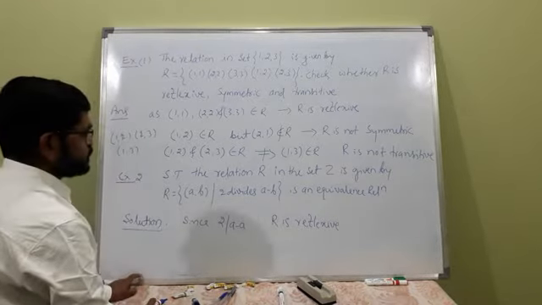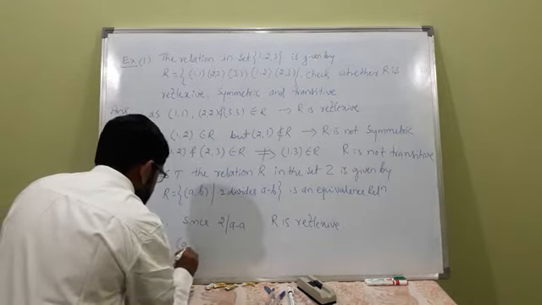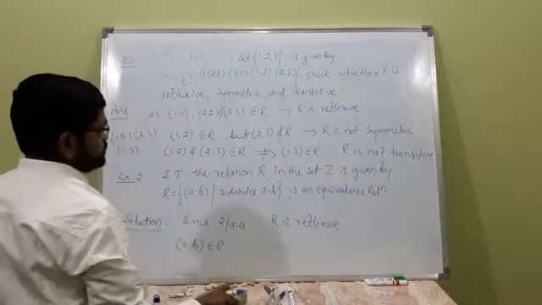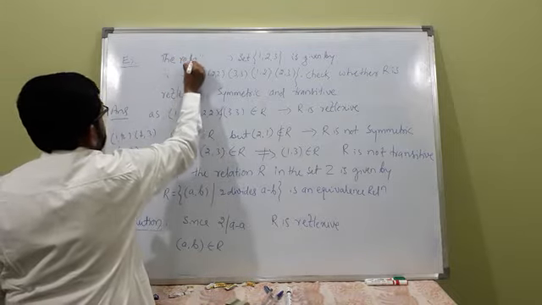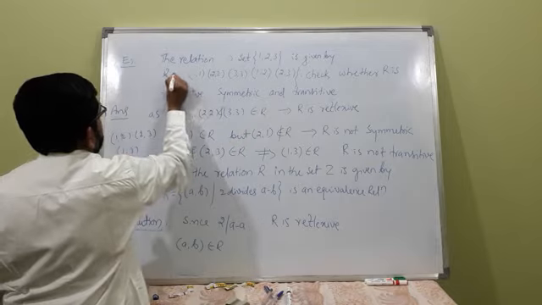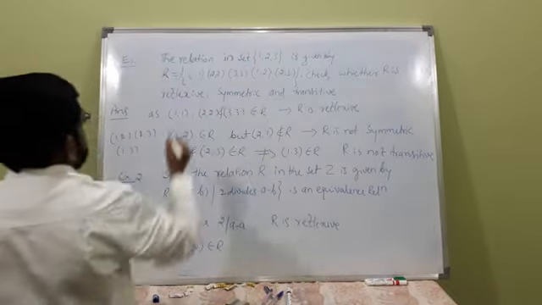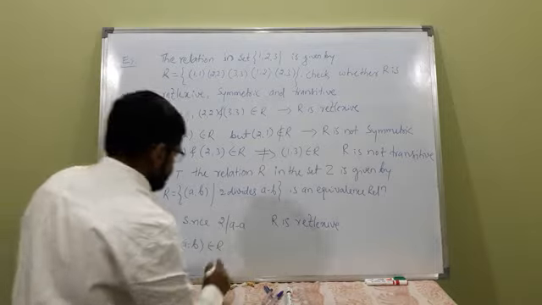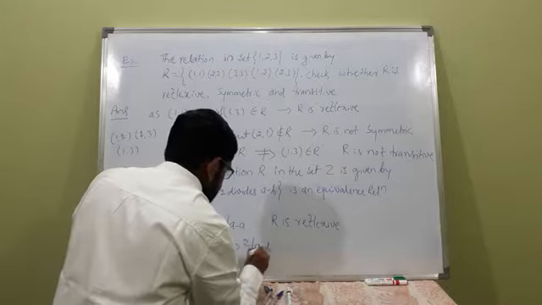Now to check the symmetric property, (a,b) belongs to R implies 2 divides a minus b.